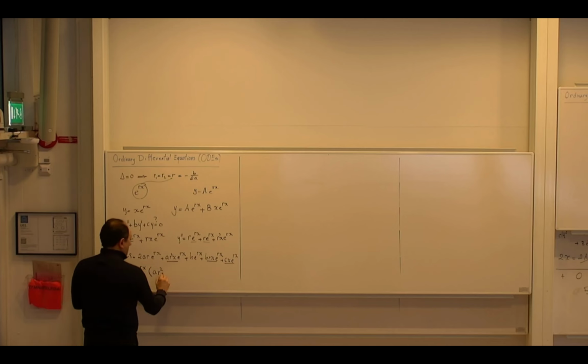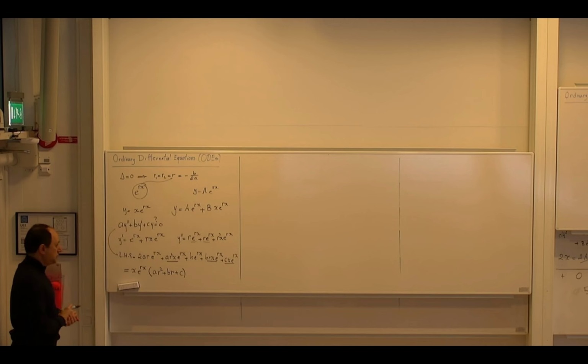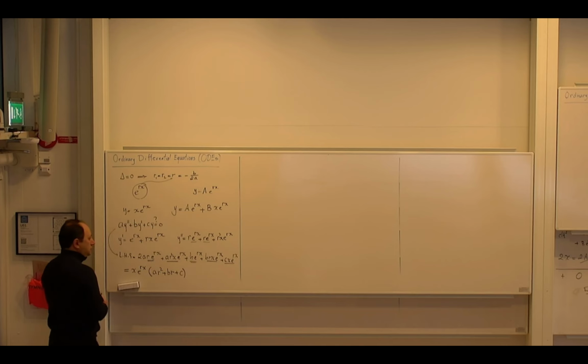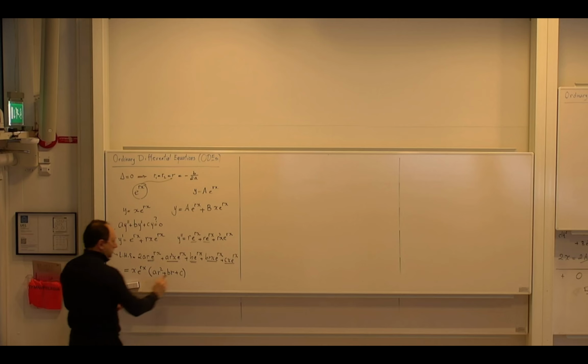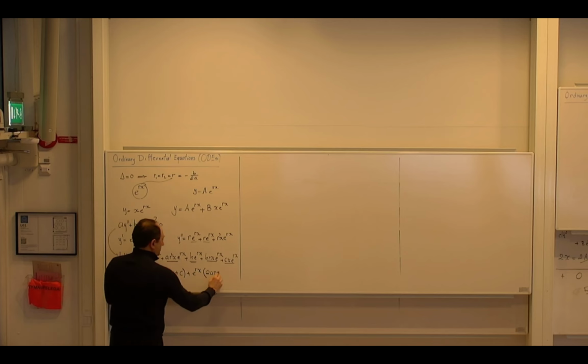From here, br is left. And from here, c is left. Yes? But between these two, I can only factor e to power rx out. So this becomes 2ar, and this becomes plus b.